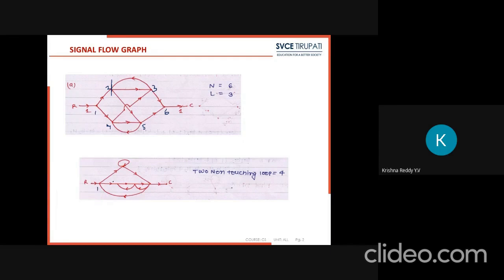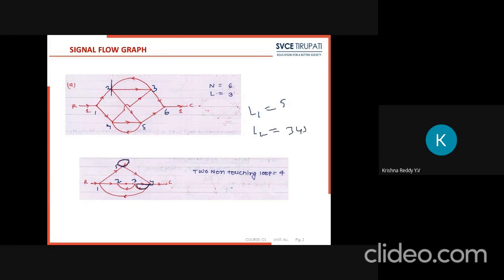It is node 1, node 2, node 3, node 4, node 5, so it totally has 5 nodes. This is one loop. L1 is itself 5. L2 we have 3, 4, 3.